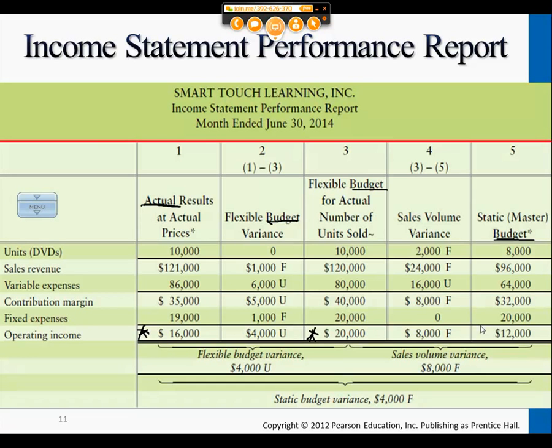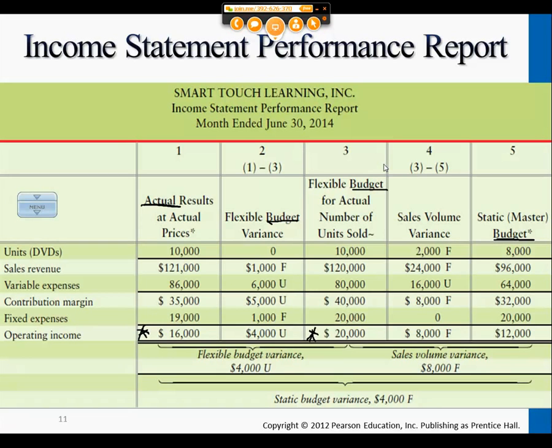We said we have two types of variances, flexible budget variance and the sales volume variance. So putting together these three columns is going to allow us to calculate these variances, all right? So first you put 1, 3, and 5 together, leaving space in between. Now you want to calculate the variance.